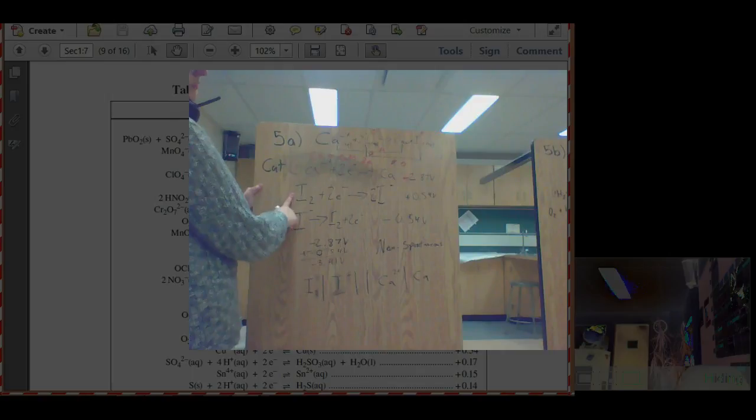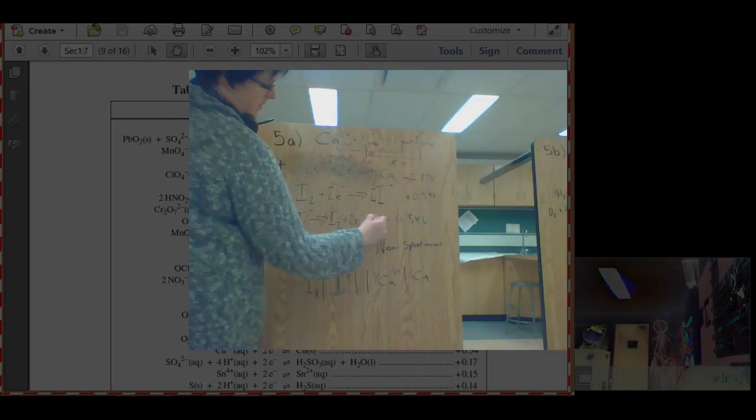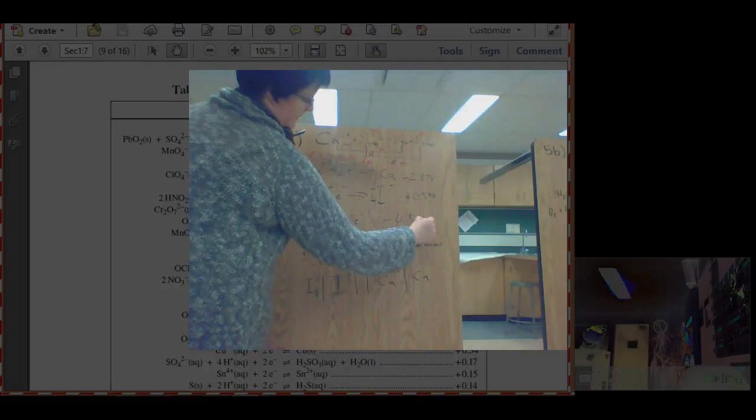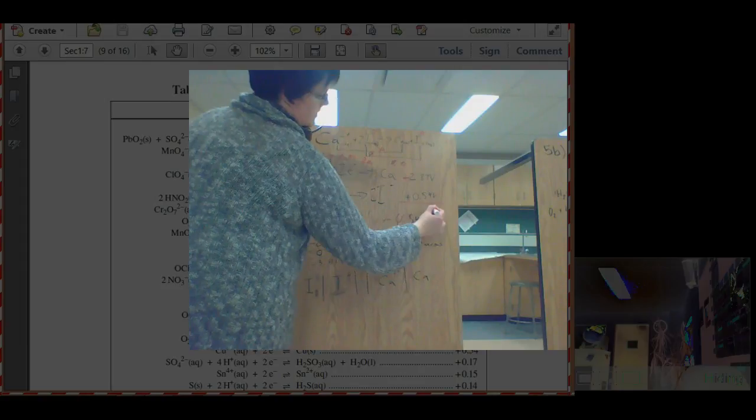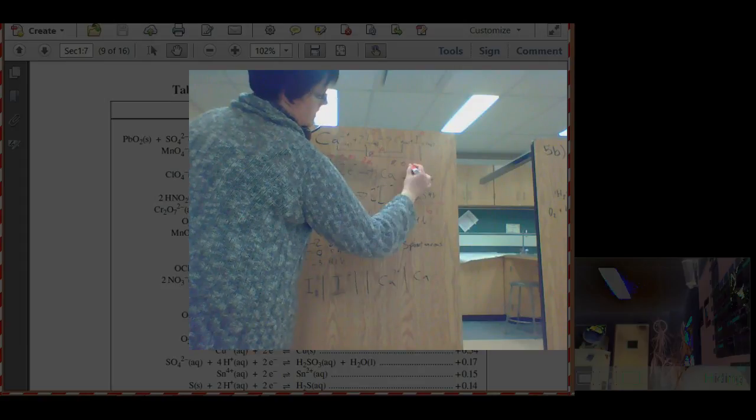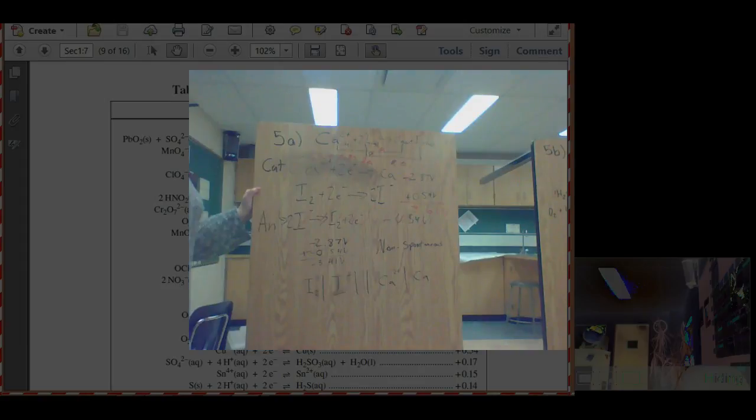This one would have been the correct one. So if I add these up, I should get 3.61 volts.